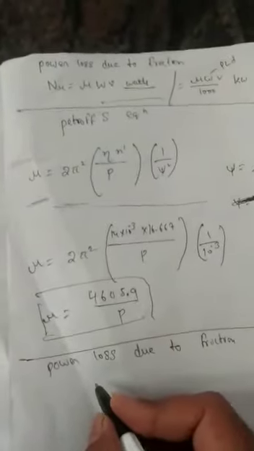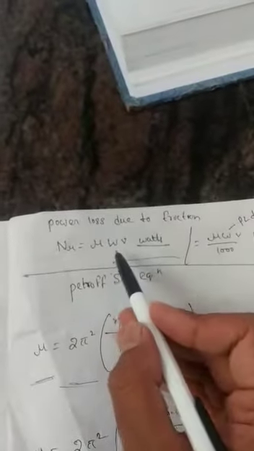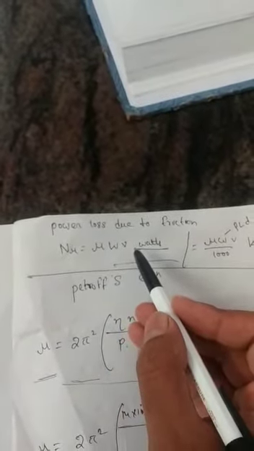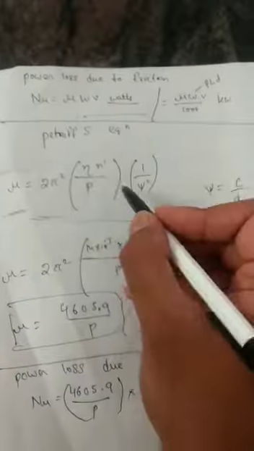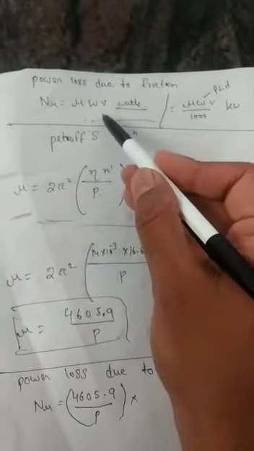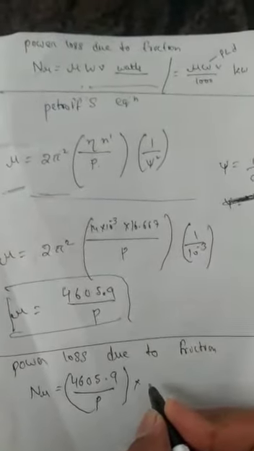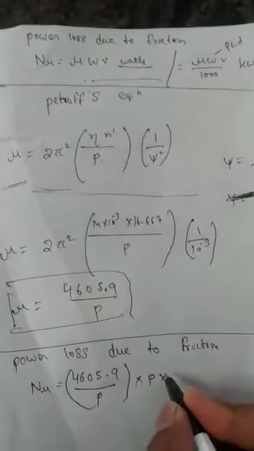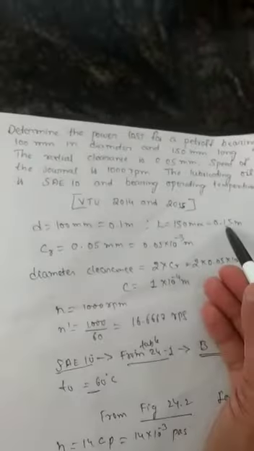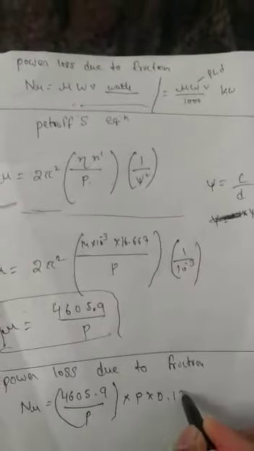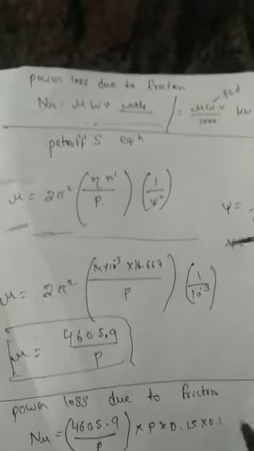Power loss due to friction is N mu equals mu W V, where V is pi D N dash. In place of mu I can substitute 4605.9 by p, and in place of W I can substitute p L D, with L as 0.15 and D as 0.1.